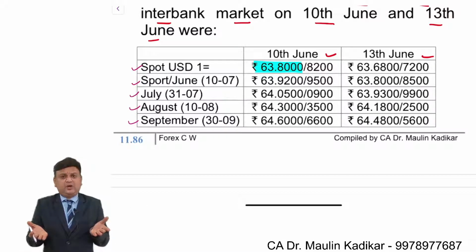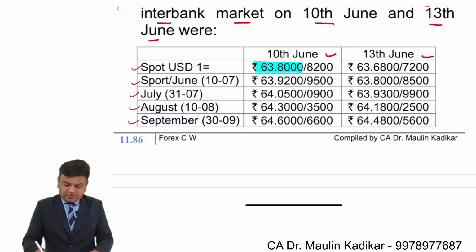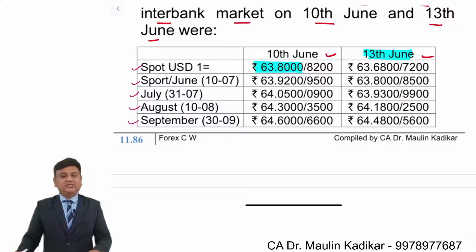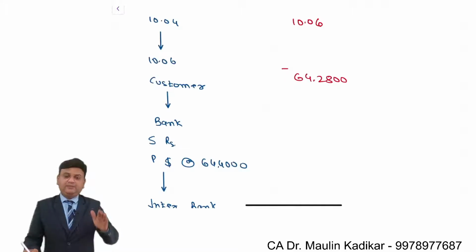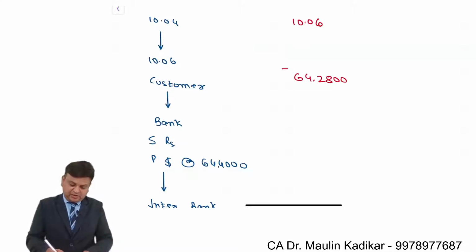Because what will I do with dollars? I don't have any use for the dollar currency. And at the same time, I do not know when the customer is going to come. He has come over here on 13th of June, however I don't know when he is going to come. That is the reason I will immediately enter into a transaction for purchasing the dollar and selling the dollar at the rate of 63.80.